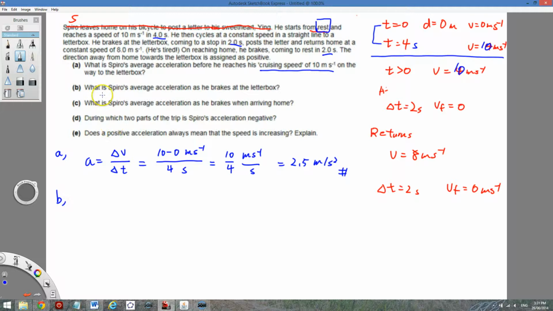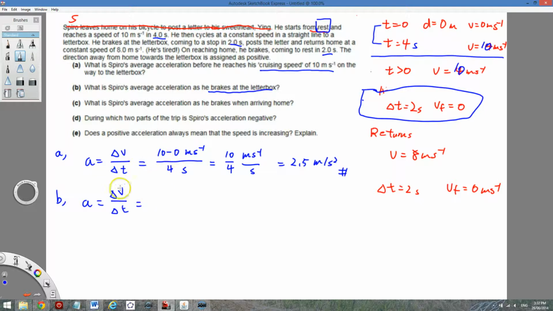Question B. What is his average acceleration as he brakes at the letterbox? This part is the letterbox. Again, acceleration is change in velocity over the change in time.